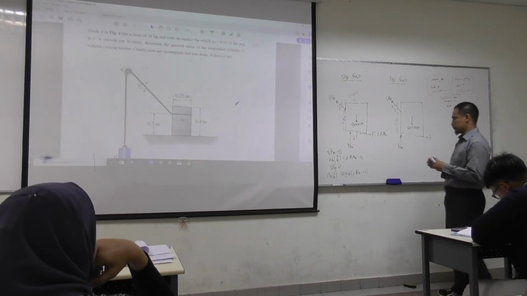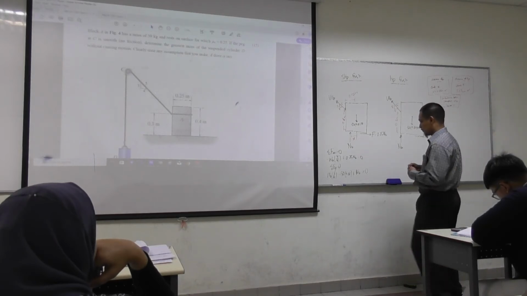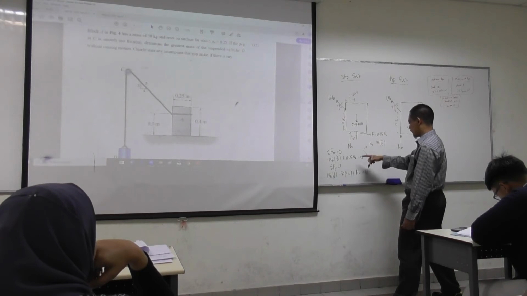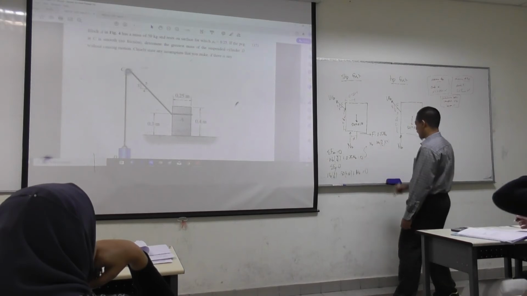So from here, if you take NB equal to WT over 5 divided by 0.25, or multiply by 4, right?